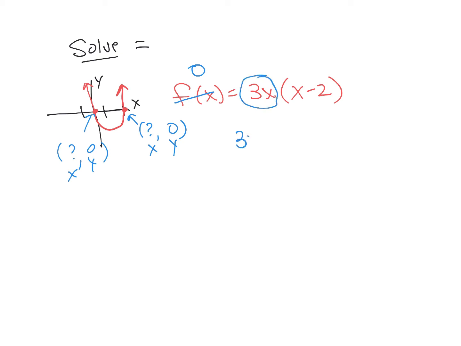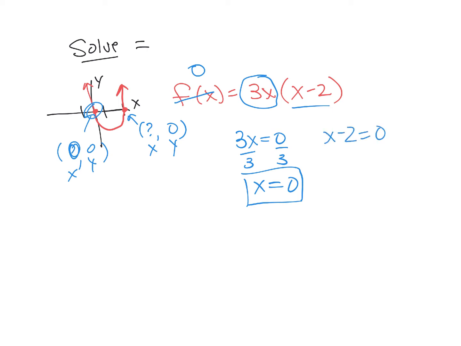I can say 3x equals 0, divide by 3, and x equals 0. That's my first point right here, and that's my first solution. Then for the next one, I set this binomial equal to 0, and I get x equals 2. And that is my next point right here.